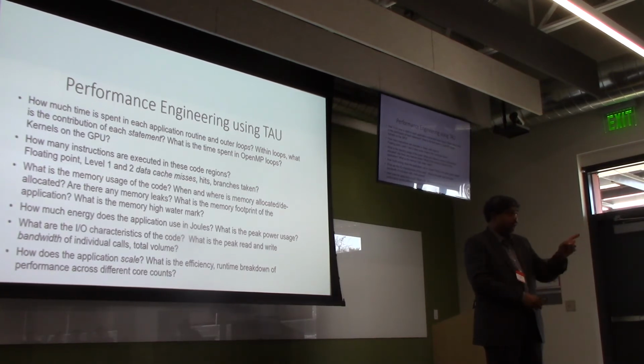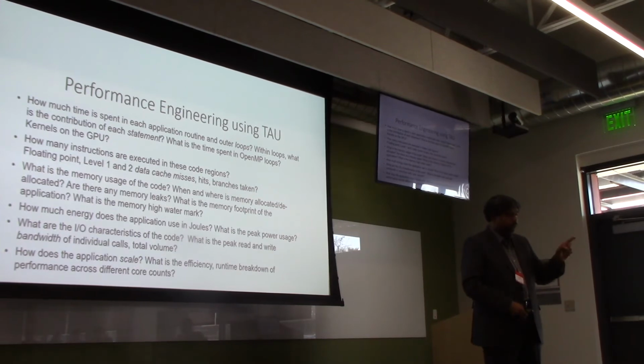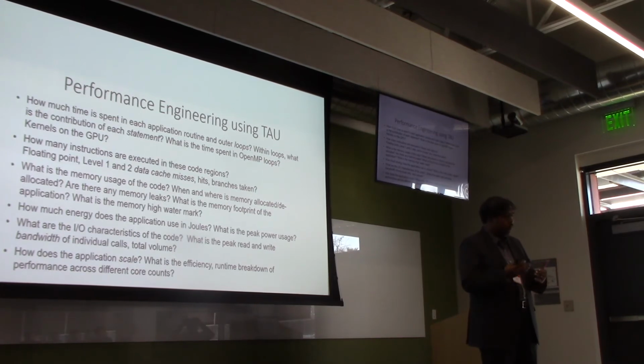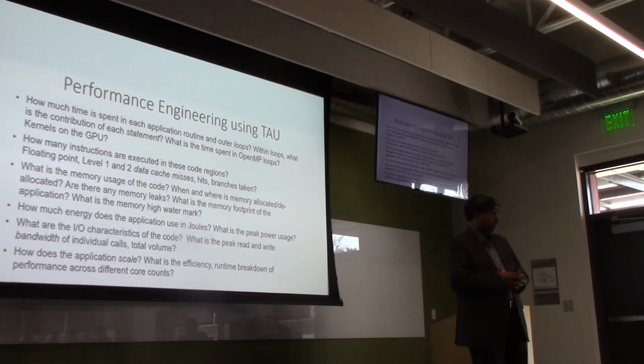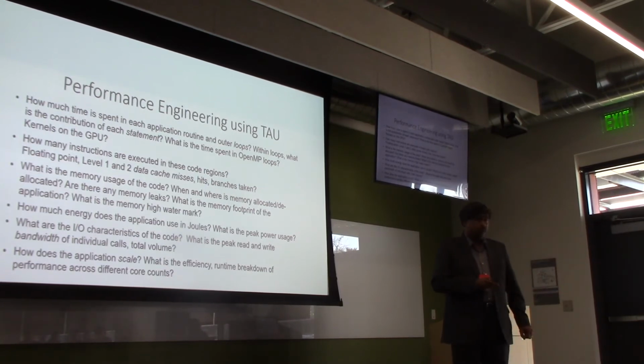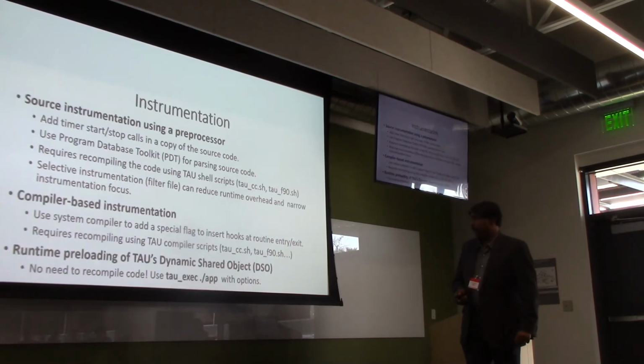TAU does not have that, but I should qualify that where there are threads involved, at the end of the execution you typically need to have a join operation so that you can write out the profile file in a consistent manner. So at finalize time, there can be some time for the join to take place for the CUDA thread join. But other than that, it should not have any problem with that.